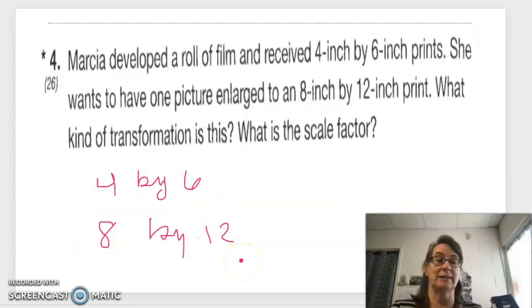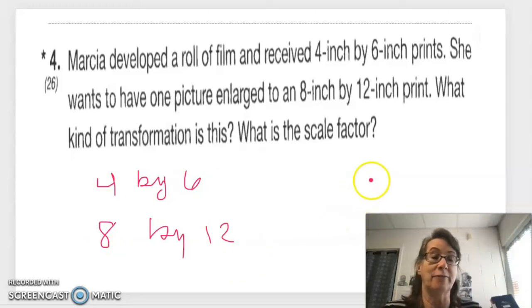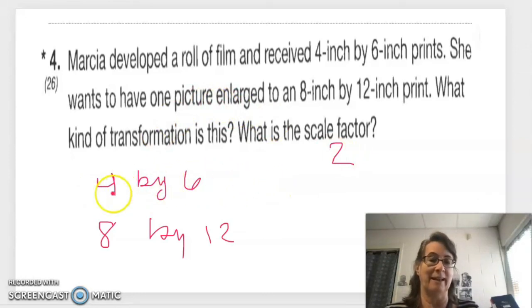Now, question, since I'm doubling, the scale factor is 2. If I were talking about what the area is of those two, remember it's going to be 4 times the area. Let's check. 4 times 6 is 24. And 8 times 12, let's see, 8 times 12.